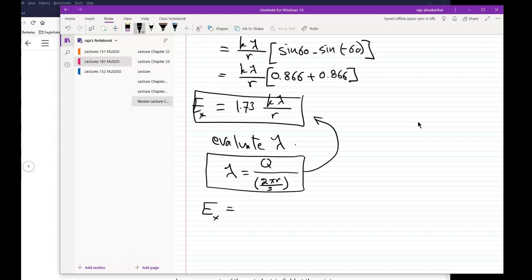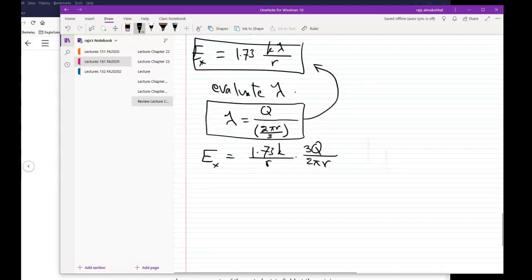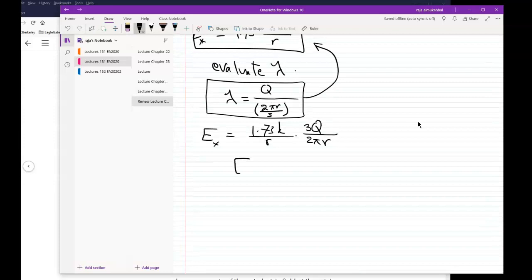That's going to be 1.73 k over r times, if you work it out, 3Q over 2 pi r, and the final expression for the electric field E sub x is going to be equal to 0.83 Q k over r squared. And if I want to put a direction to it, I can put it along the x-axis. And there we go. That's the final answer.